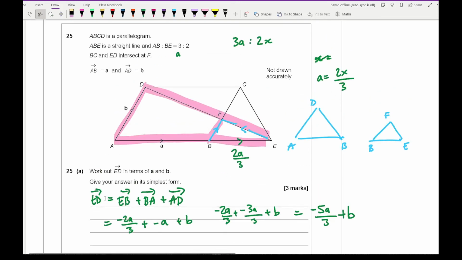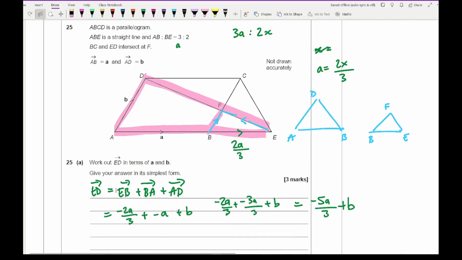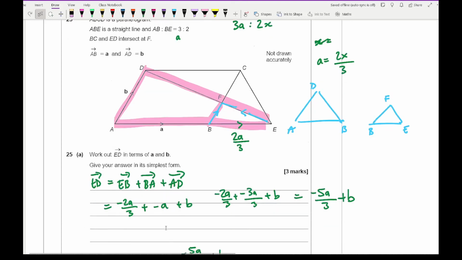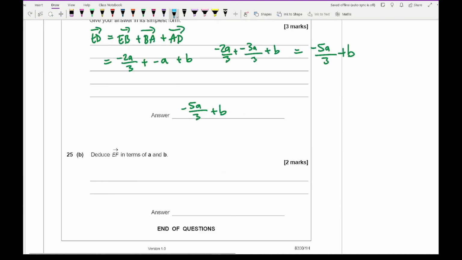Now for this, what I need to do is use the ratio. I notice that EF is going to be 2/5 of ED.